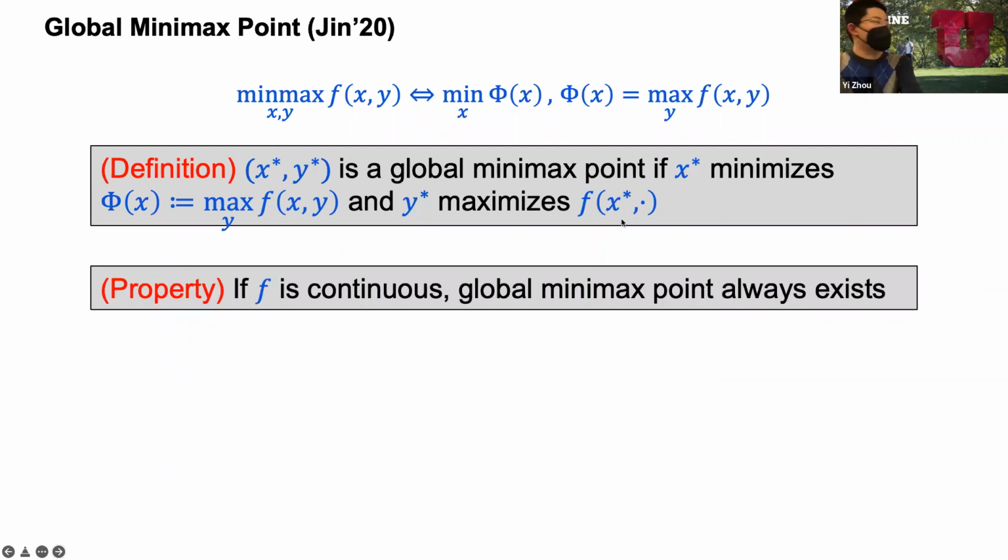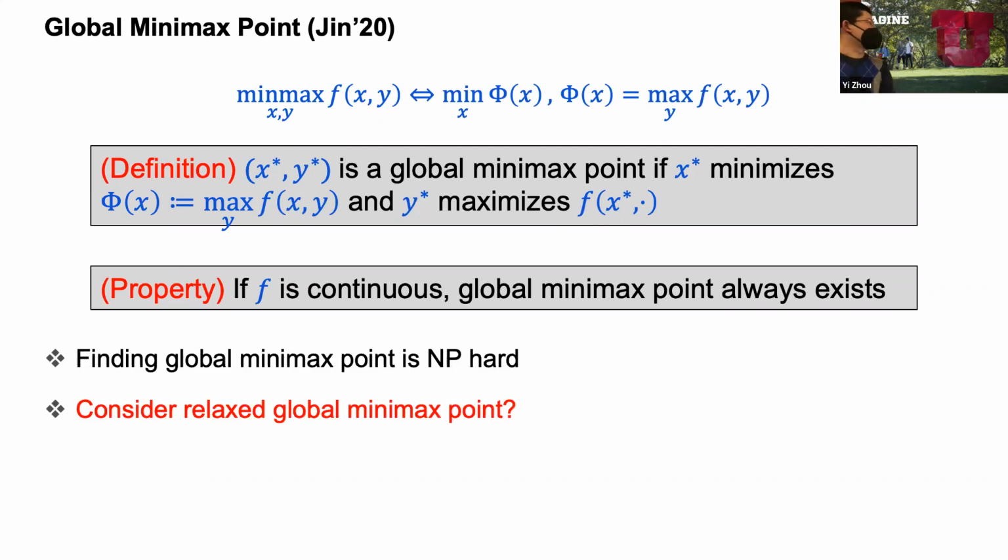And it has been shown that if F is a continuous function, then such a global minimax point can always exist, no matter the function is non-convex or non-concave. But in general, finding such a global minimax point is NP hard, because we know that finding a global minimum in non-convex optimization is already NP hard.